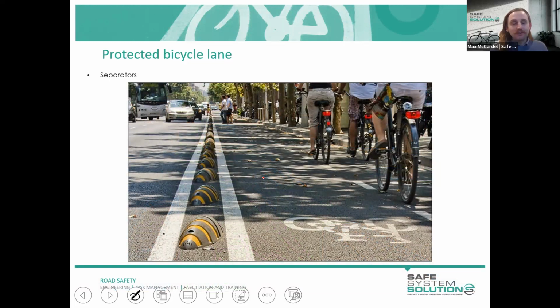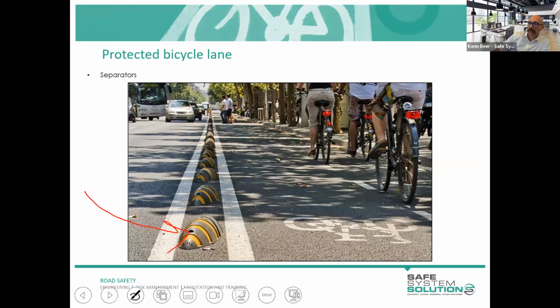Got another question that I'll throw out to the chat group. Any ideas what this little type of separator is called? And the clue that I'll give you is it's named after an animal. This is one of your favorites, isn't it, Ken? Well, I like the naming of it, but yeah. We've got guesses along the lines of bees and armadillos.